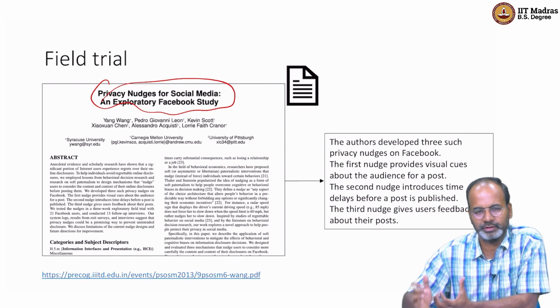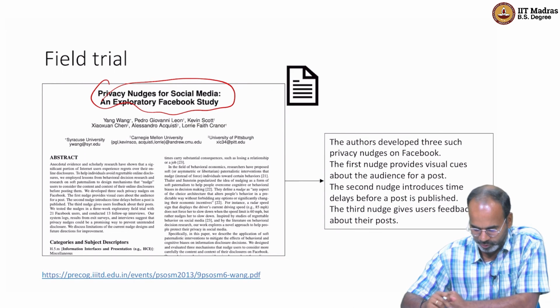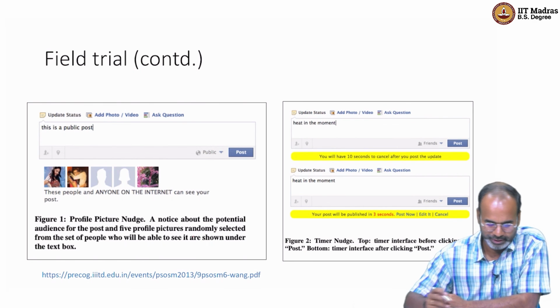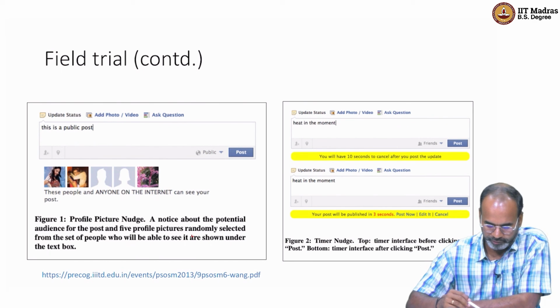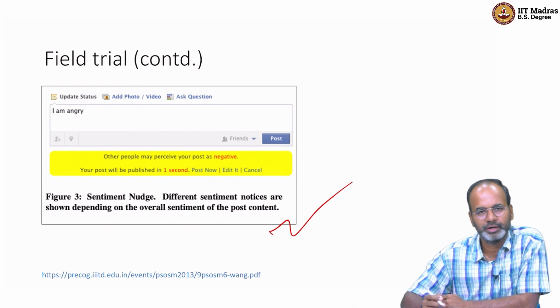They built these nudges, showed them to the users in lab, got some inputs, fixed it, put the Chrome extension in public, got people to use it and collected data. Now I assume you would have recollected the nudges, right? Profile picture nudge, timer nudge, and sentiment nudge. Right.